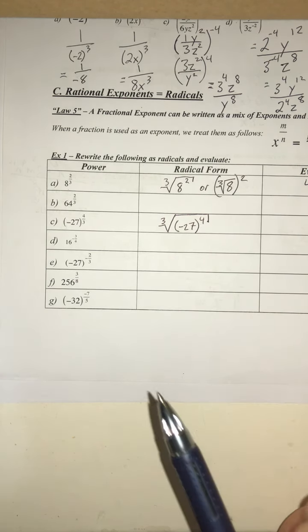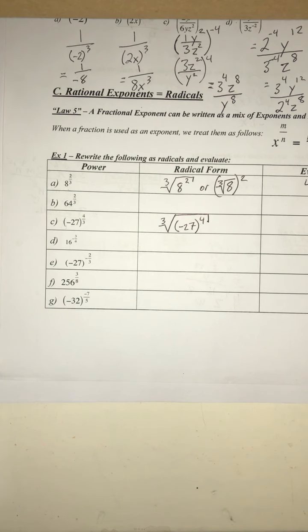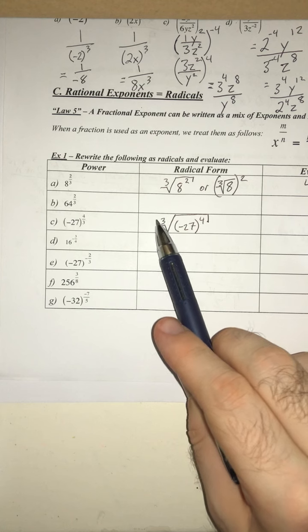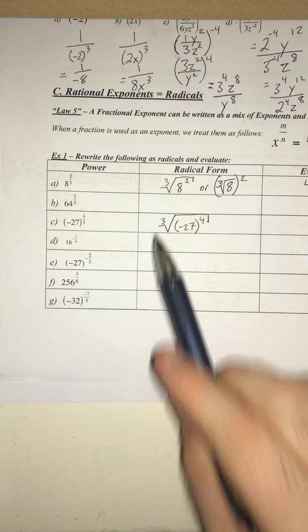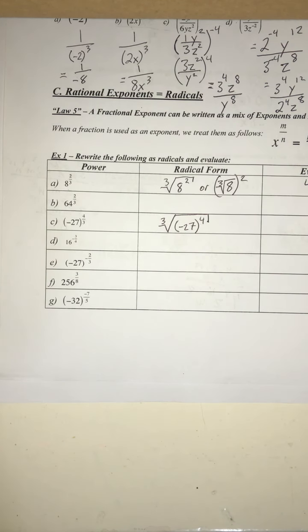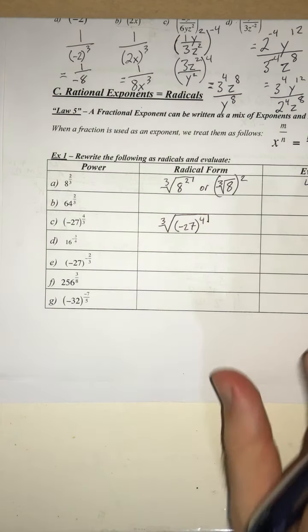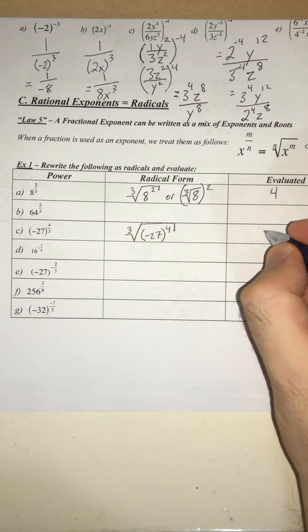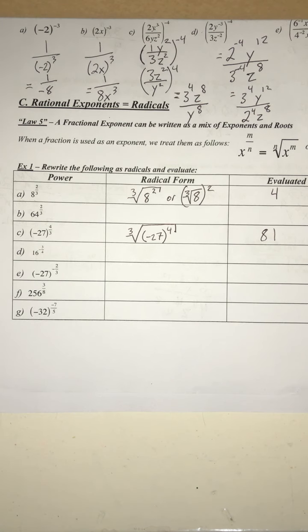Well, this is a power of 4, so that's going to cancel out. Also, you can have a negative in the root if this root is an odd number, just as an extra tidbit. You don't necessarily need to know that, but just as an extension. So plug this into your calculator, and you'll end up with the evaluated form of 1.